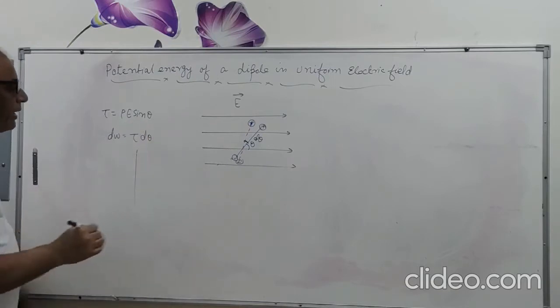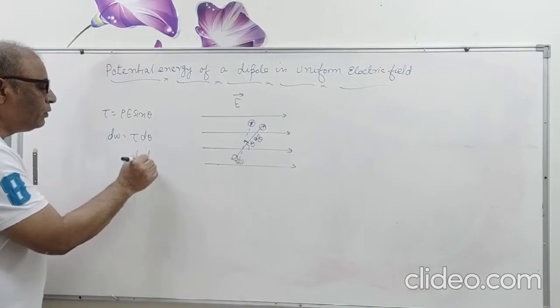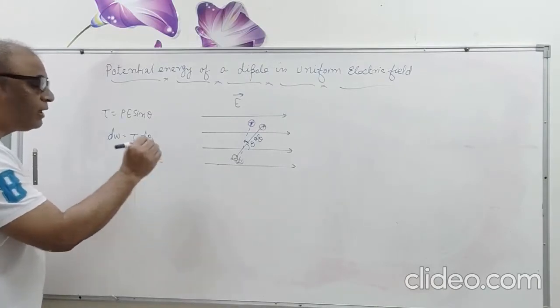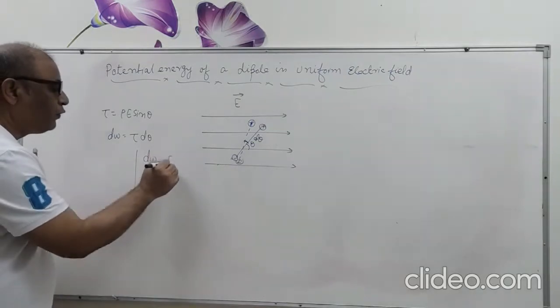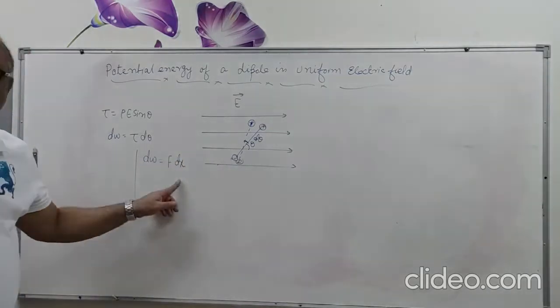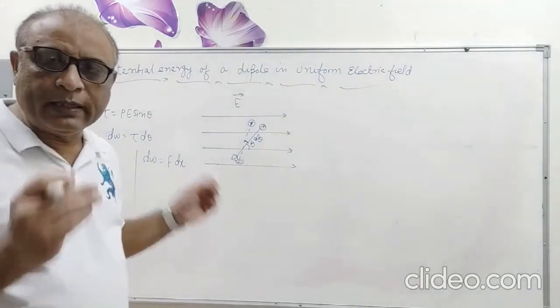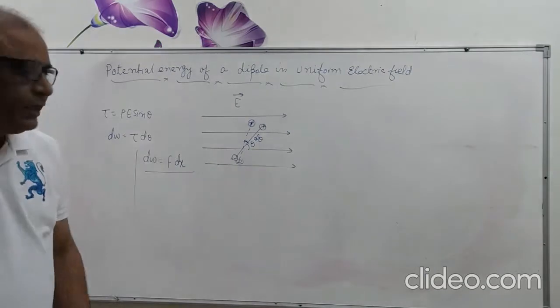Compare this with linear motion, where the infinitesimal work done is force times infinitesimal displacement dx, dW equals F dx.